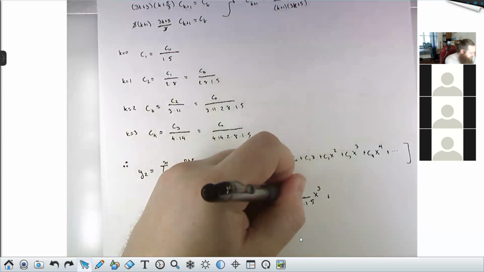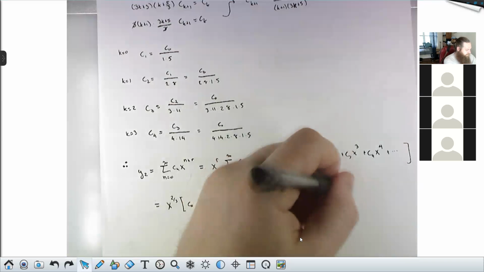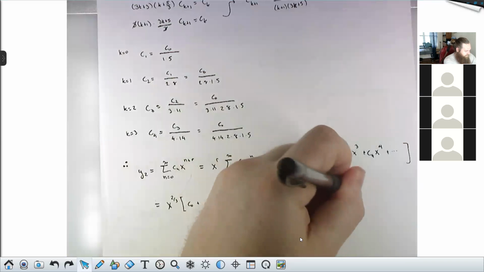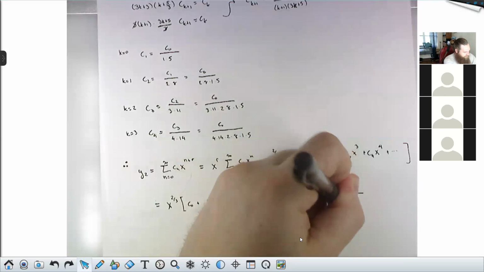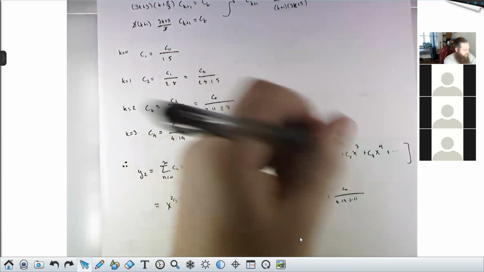Sorry, C0, that is C3. C3 is C0 over this, plus C4 times x to the 4, and C4 is C0 divided by 4 times 14 times 3 times 11.